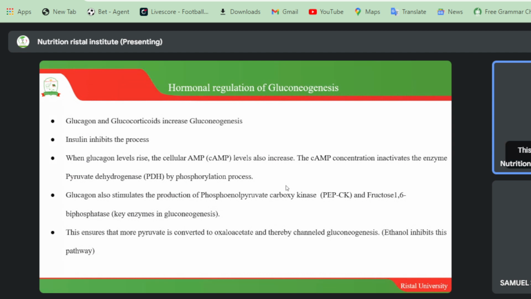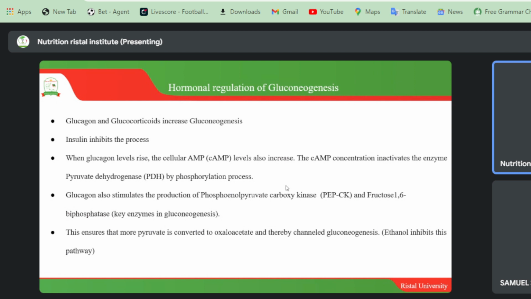These are some of the key enzymes involved in gluconeogenesis, especially in the bypasses. PEP carboxykinase is in the third bypass, and fructose 1,6-bisphosphatase is involved in the second bypass. So this ensures that more pyruvate is converted to oxaloacetate and thereby channeled into gluconeogenesis. Ethanol here can inhibit this pathway.